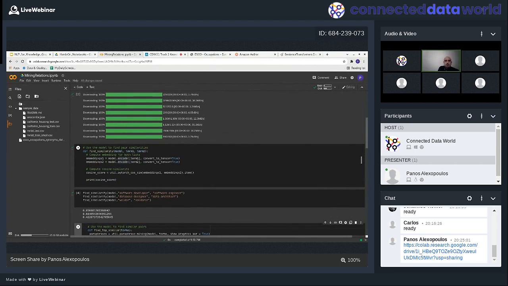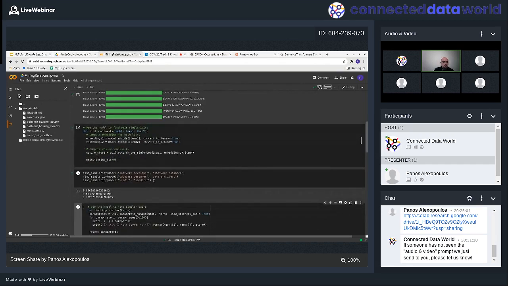So we see, for example, that according to this pre-trained model, software developers and software engineers have a similarity of 0.85, so they are quite near. Database designer and data architect 0.66, whereas welder and solderer just 0.42, although they are actually, well, almost synonyms.